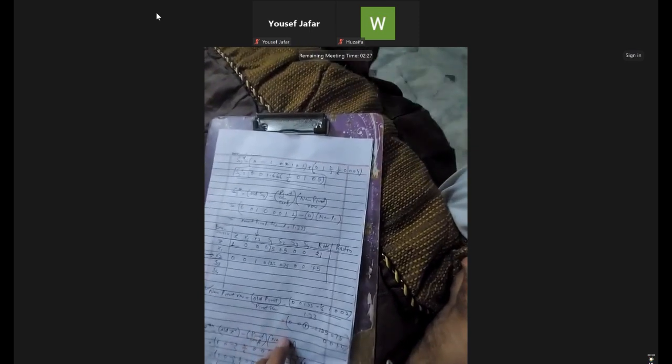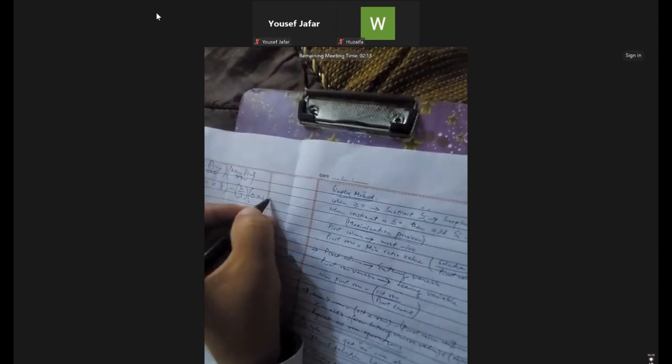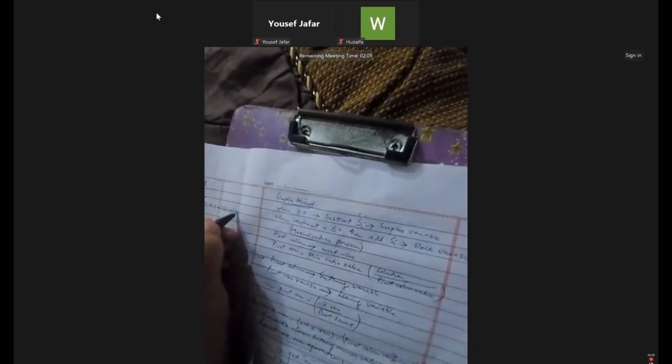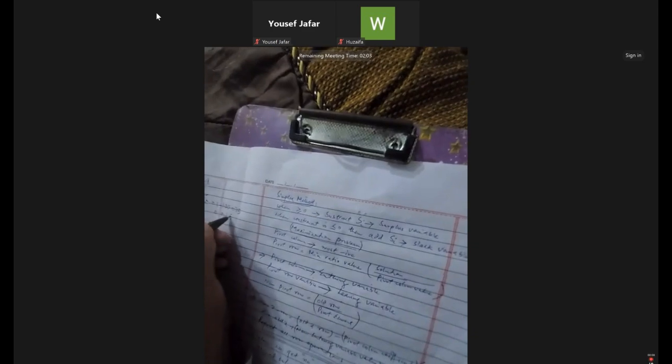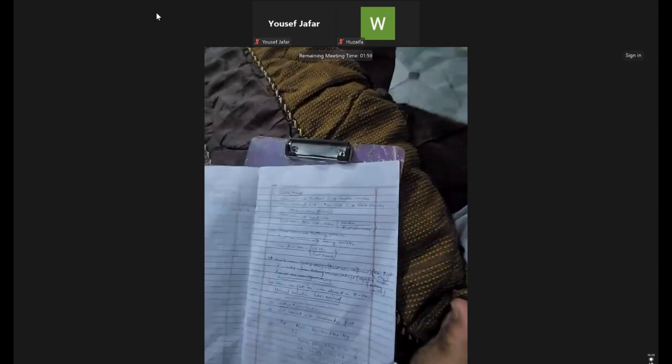The new pivot row is 0, 0, 1, minus 1.25, 0.75, 0, 0, 0.75, 0, 0, 1, and 5. This is the new pivot row.